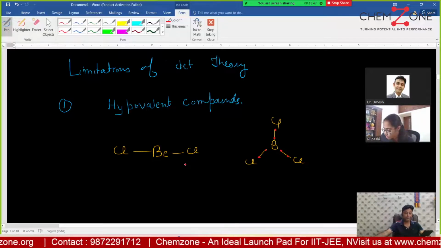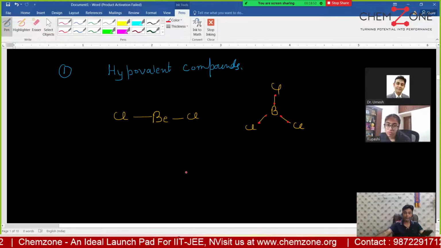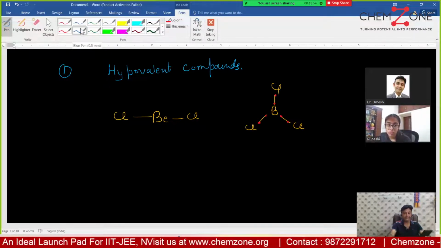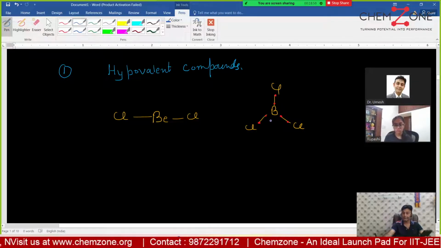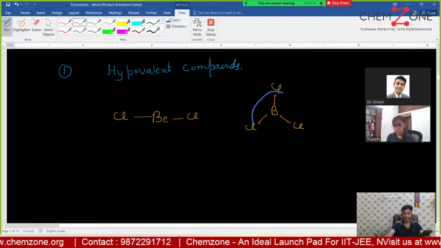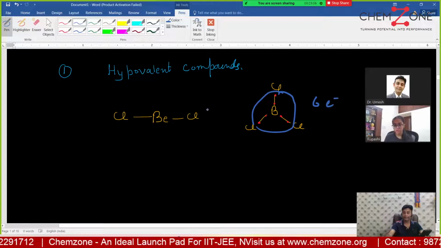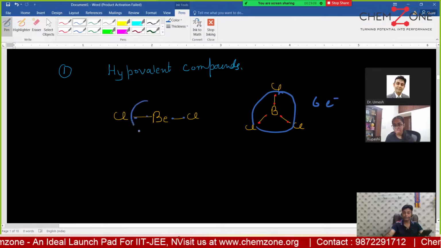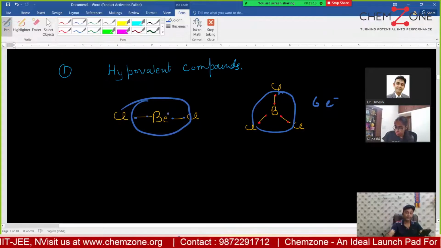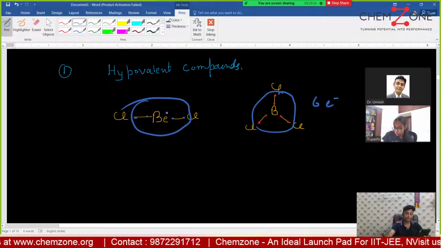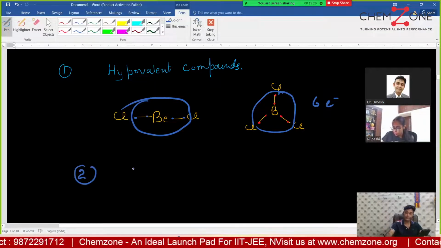According to the theory, only those elements are stable in compound form when they have a complete octet. But here the boron has an incomplete octet. It has only 6 electrons here. Here we have only 4 electrons. So it does not explain the stability of the hypovalent compounds. Practically they are stable.